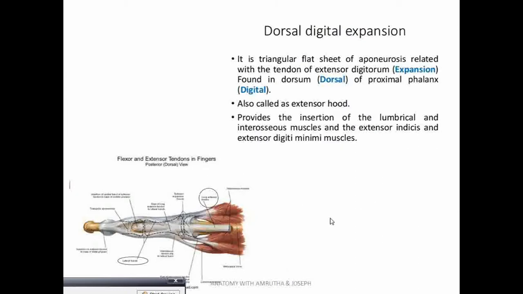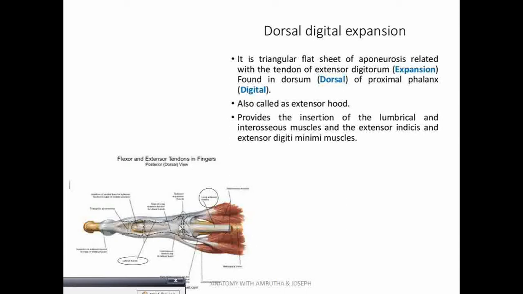Dorsal digital expansion is a triangular flat sheet of aponeurosis related to the tendon of extensor digitorum. This is a modification of deep fascia related to the extensor digitorum muscle, found on the dorsal aspect of the proximal phalanx, and it is also called the extensor hood.